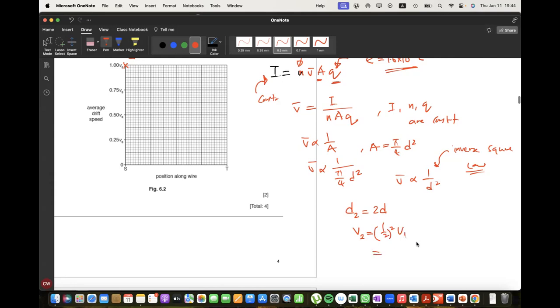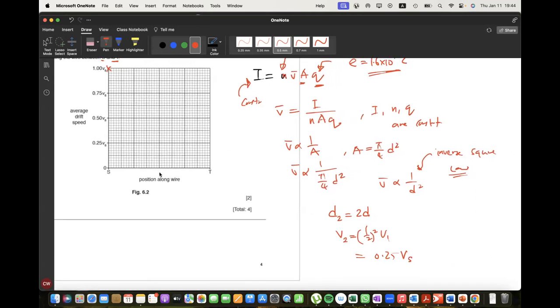So what happened to the number? It will become 0.25 of the original drift velocity. So do you know where the next point is? The next point happens at this point, right? What is the drift velocity now? Is it this number, because 0.25, right? This one is when D is 2D. When D is 2D, drift velocity becomes 1 over 4. So 2D happens at point T. So it's going to be like that.